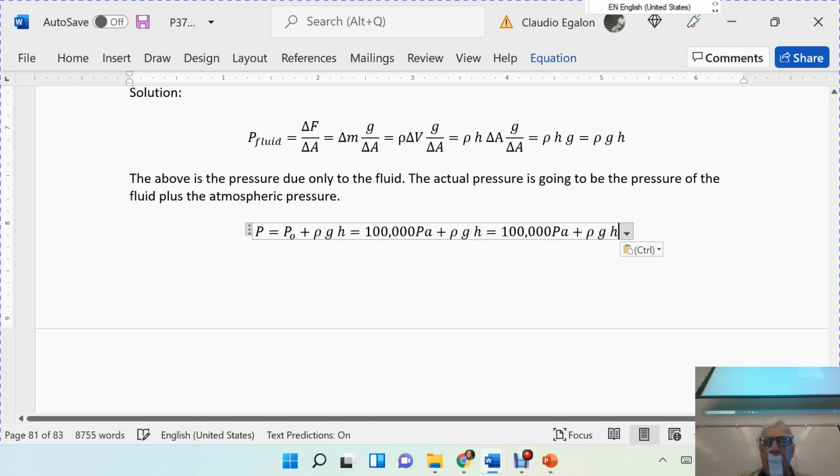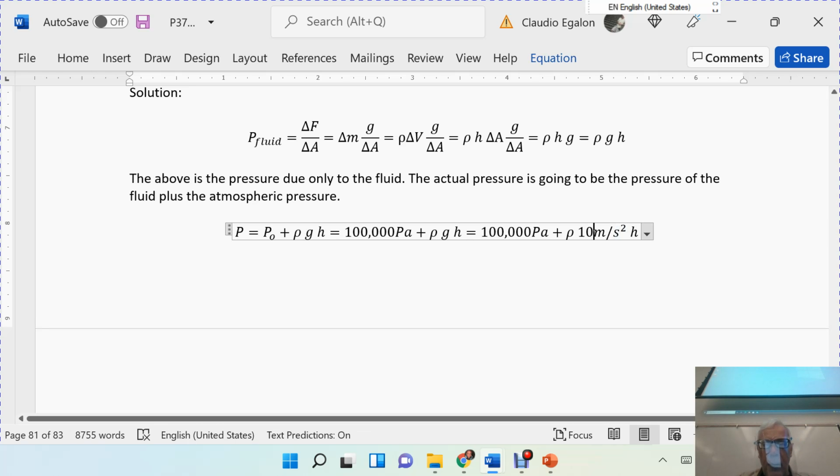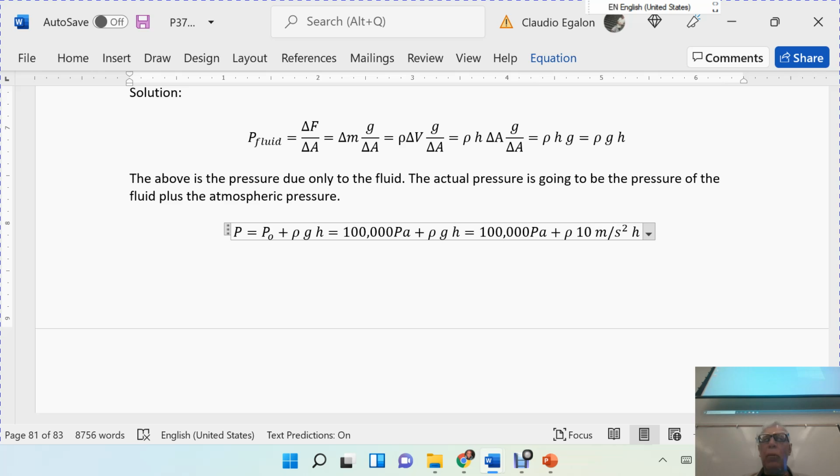You already told me that the acceleration of gravity is 10 meters per second squared. It's a very good rule of thumb and a very good approximation. We are making only a 2% error when we use 10 meters per second squared. But what about the density of water?